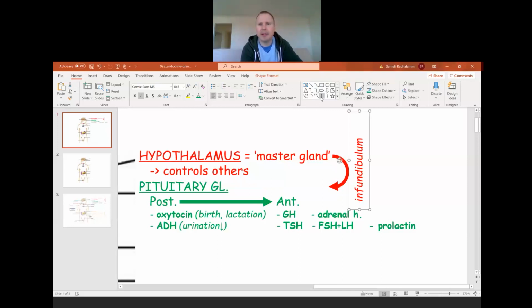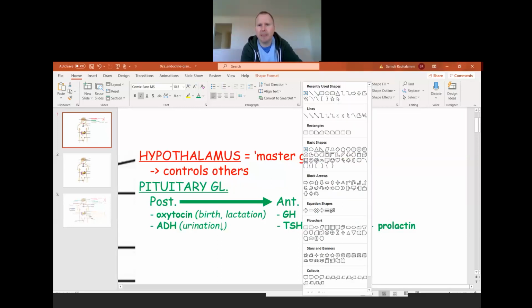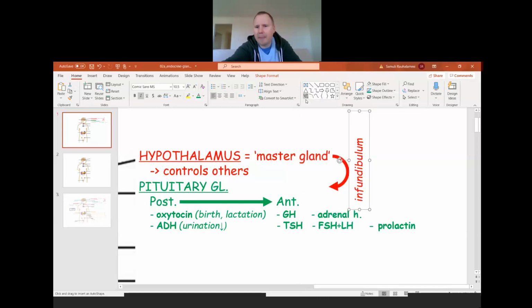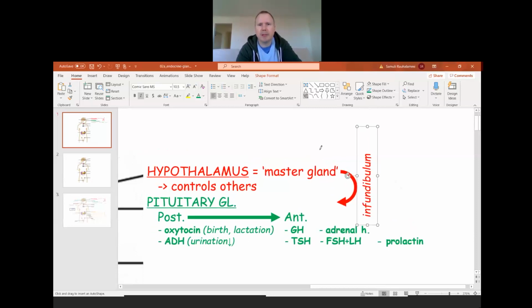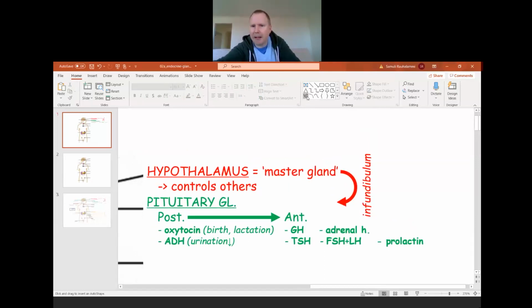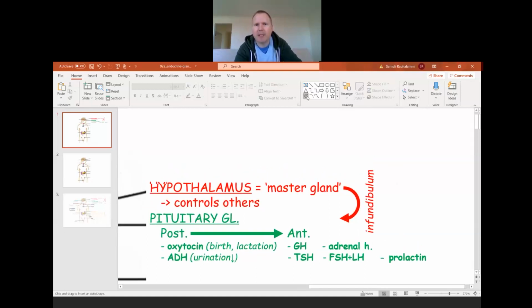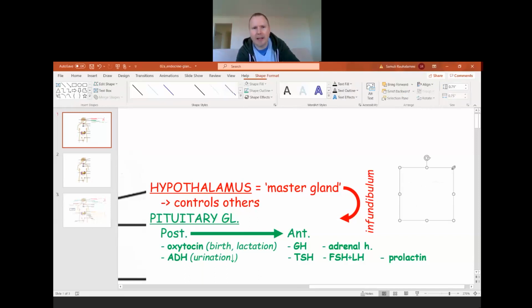I wonder if I can draw here. I think I should be able to. If we think of the hypothalamus as a structure being right on top of the pituitary gland, these two connect then.